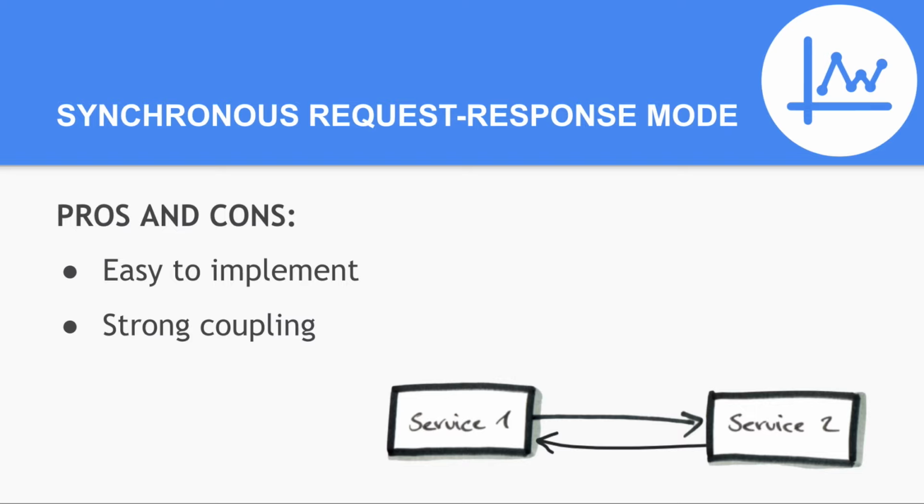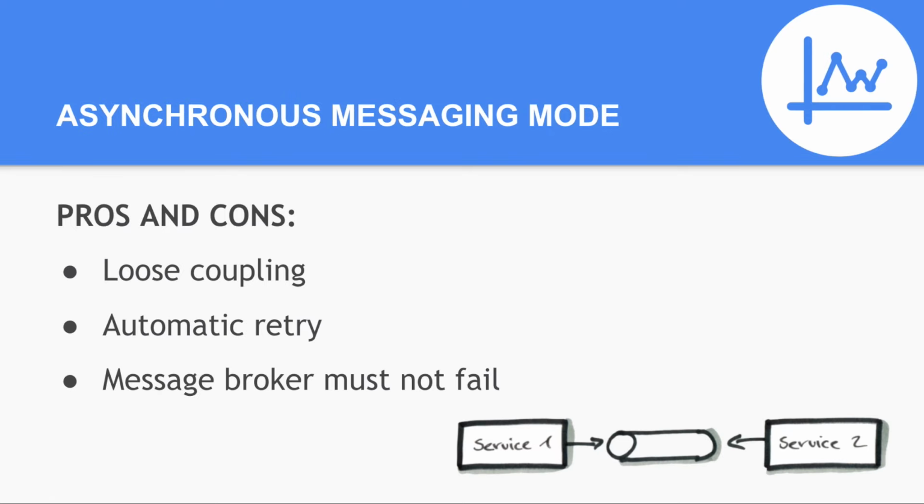Having considered Synchronous Request-Response mode, let's look at the asynchronous communication pattern. In asynchronous messaging mode, the first service sends a message to a message broker in a topic and forgets about this message, while the second service subscribes to the topic that is fed with all the messages belonging to that topic.